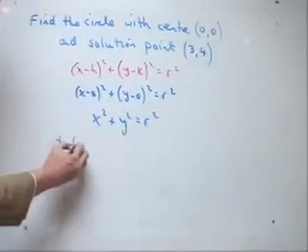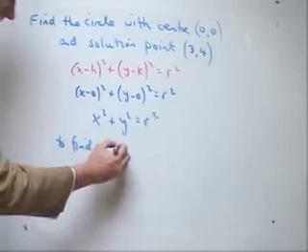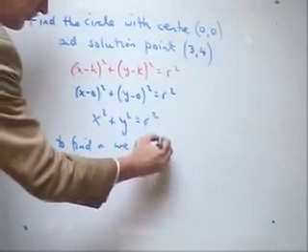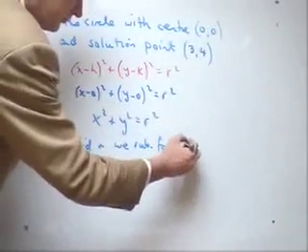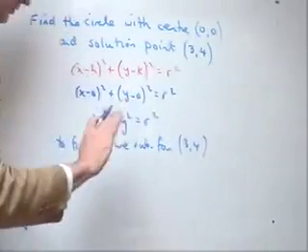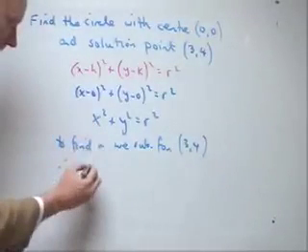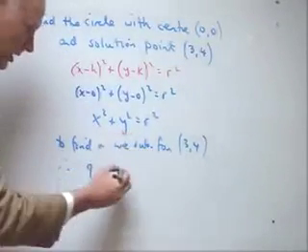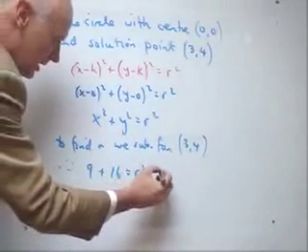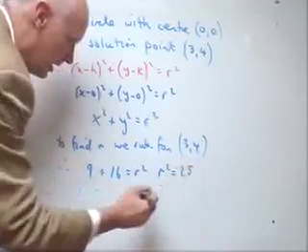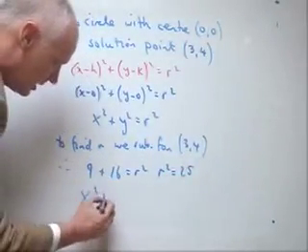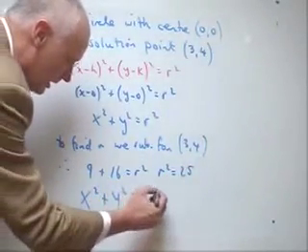To find r, we sub in the point (3, 4). Therefore, 9 plus 16 equals r squared equals 25. The final equation is x squared plus y squared equals 25.